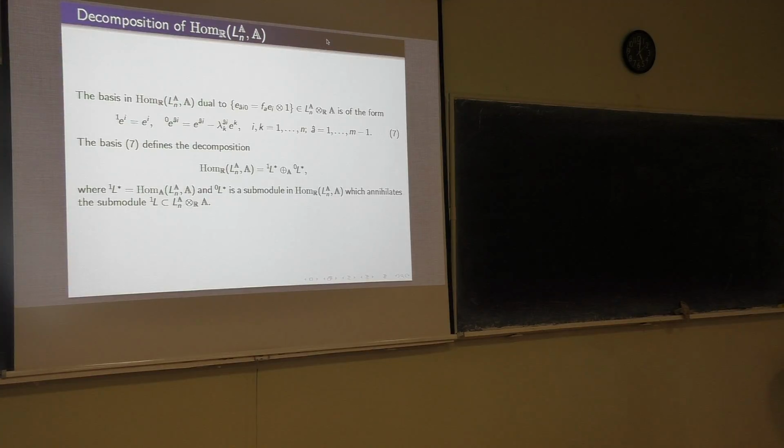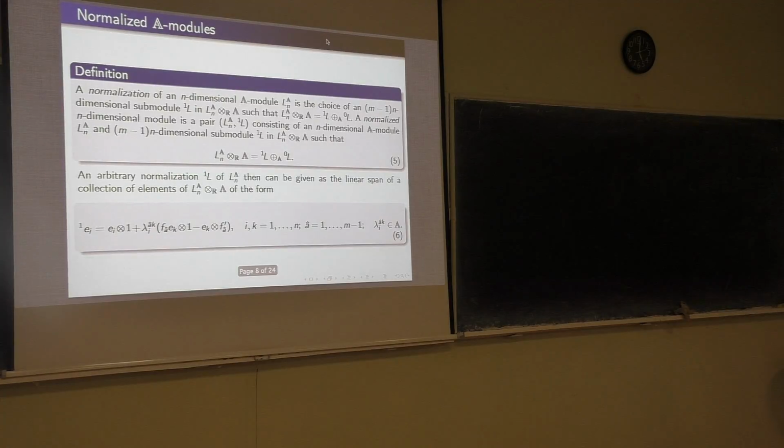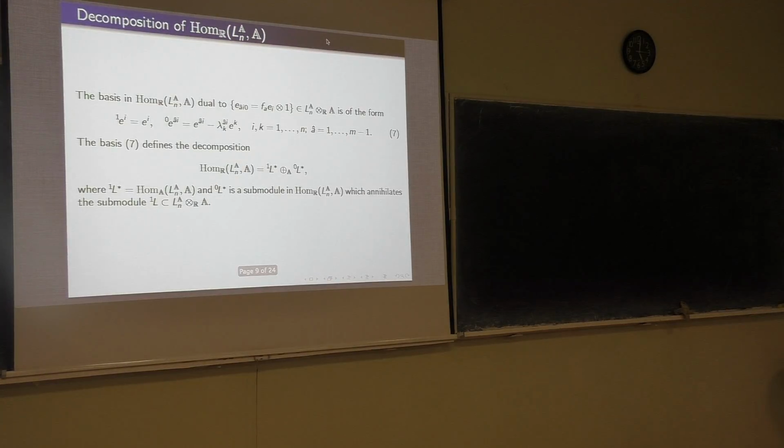Using the decomposition we mentioned above, decomposition 5, we can decompose the dual space, the module of R-linear forms on LA, and here we denote A-linear forms by LA star, L1 star, and the module L0 star is a submodule that annihilates L1, our normalization.